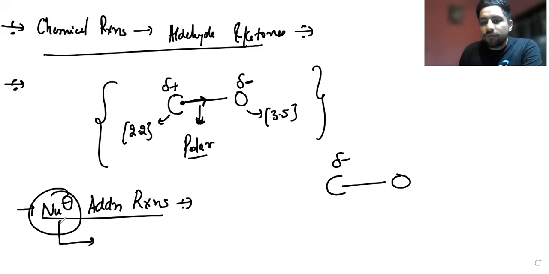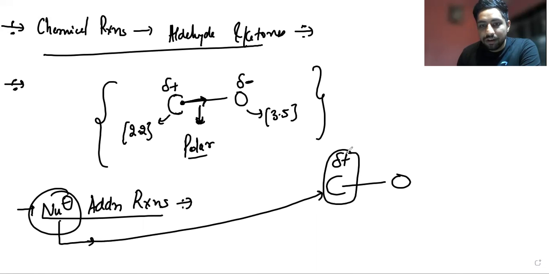Now, this nucleophile attacks on the carbon. This carbon has a partial positive charge. Because of its higher number of electrons, the nucleophile attacks this carbon atom, because the negative one searches for electrophilicity. Electrophilicity means where there is a shortage of electrons.